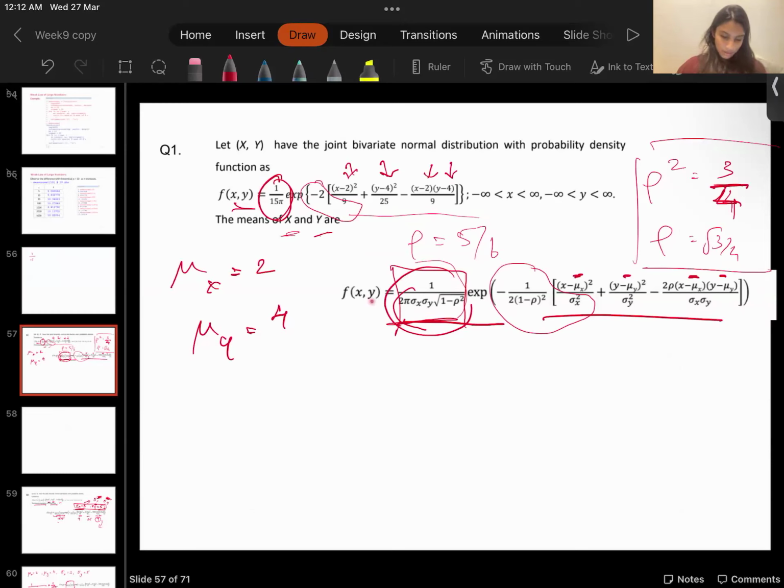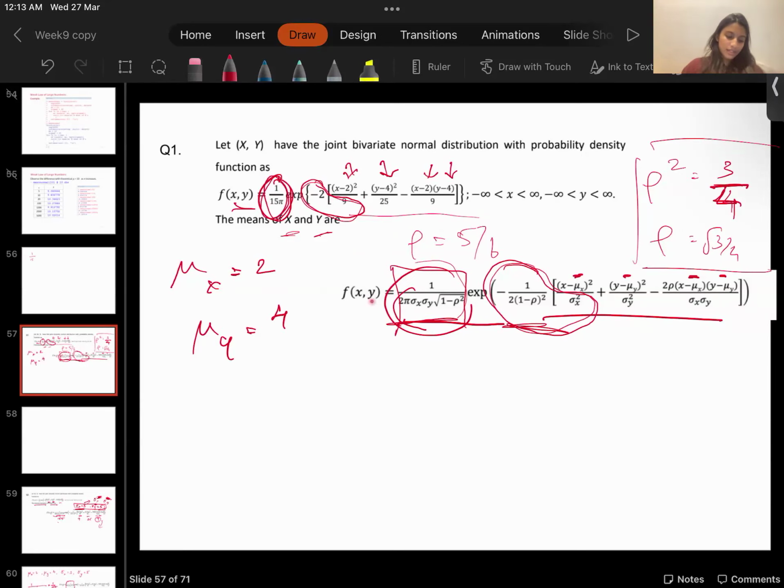This term has rho. This term also has rho. So you can do anything you want. Let's compare these two terms here. No, let's not take this, that's harder. Let's just stick to the first term.